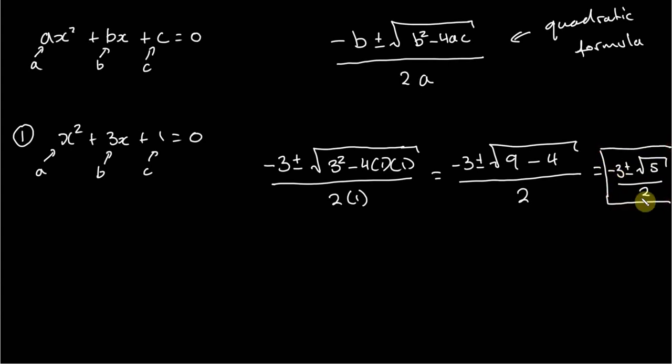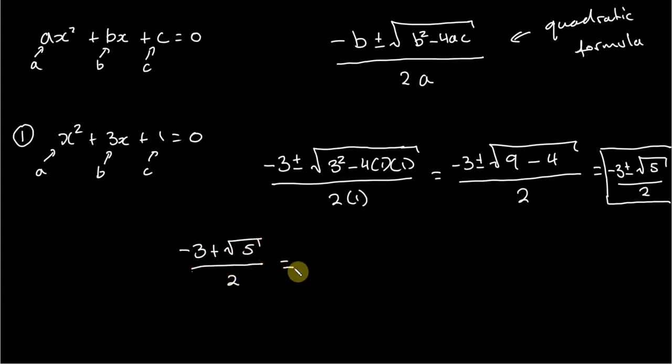By that I mean that one solution is going to be negative 3 plus root 5 over 2, and the other solution is going to be negative 3 minus root 5 over 2.